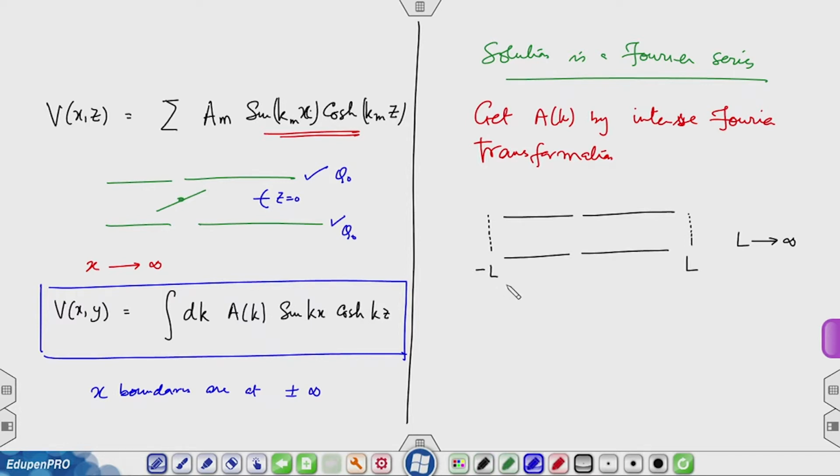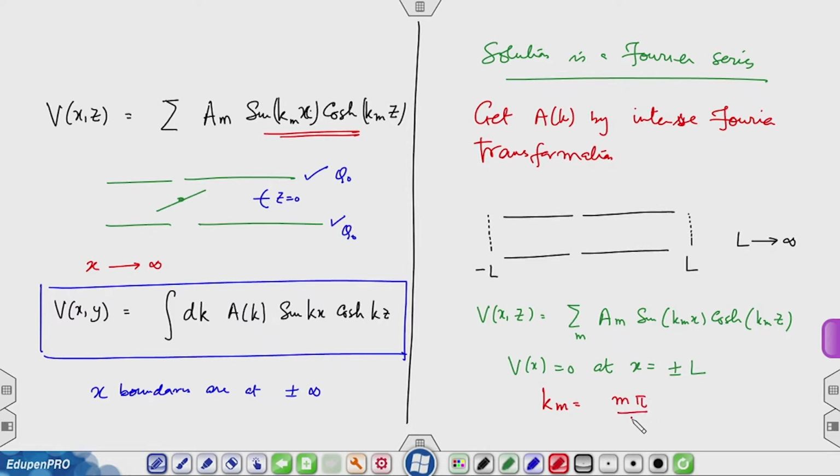So, then the solution I am going to write is again like in the previous form, that is V x z is equal to summation over m of a m sine k m x cos hyperbolic of k m z, and let us take V x is equal to 0 at x equals plus or minus L, and therefore, k m is going to be m pi over L.